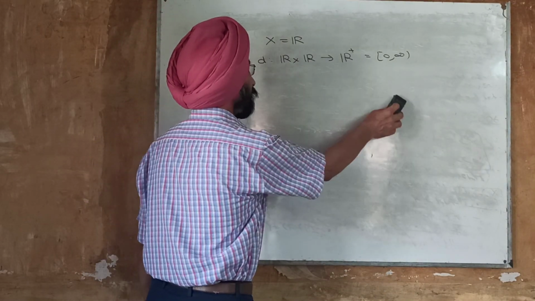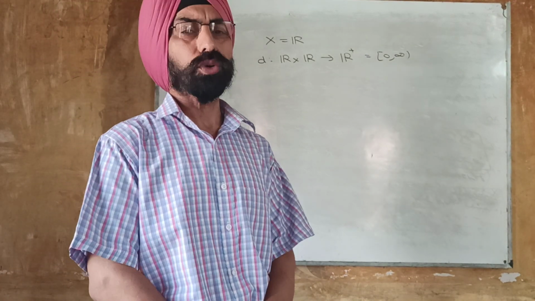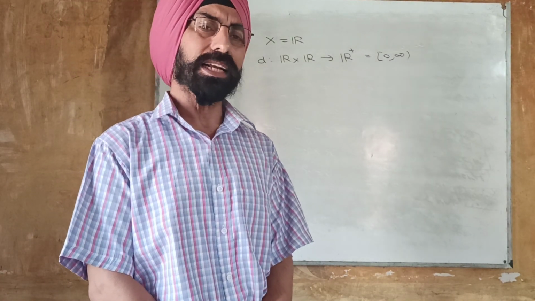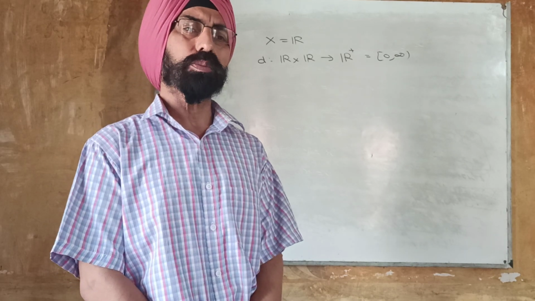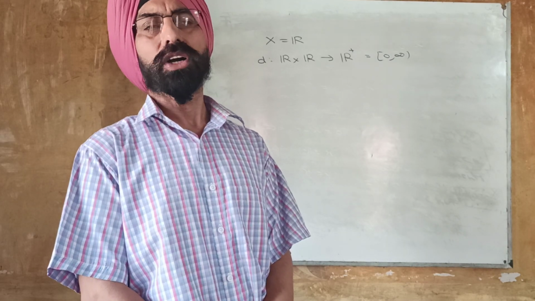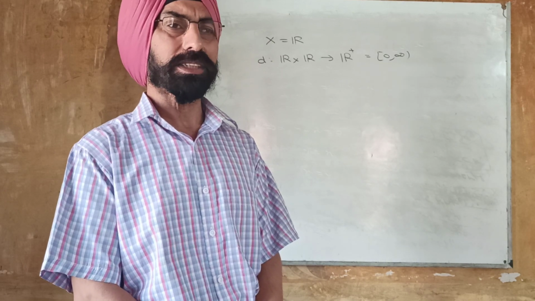The fourth one is triangular inequality, and that we know is true from our middle school, standard 8th class knowledge. We know that the triangular inequality property always holds for distances in the two-dimensional space.